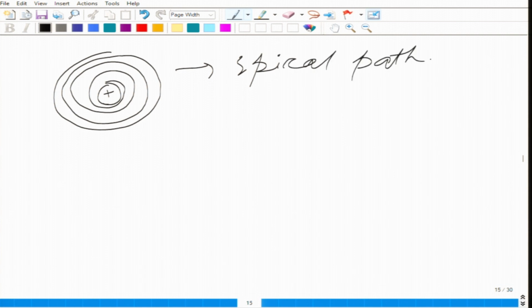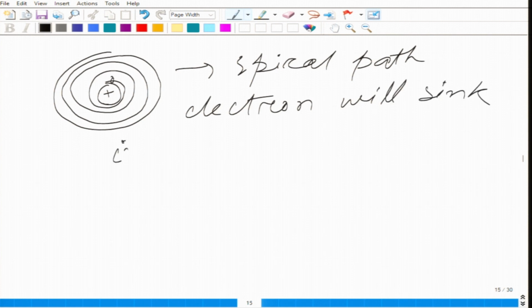So gradually after some time the electron will collapse into the nucleus. Electron will sink into the nucleus. So the atom will collapse.